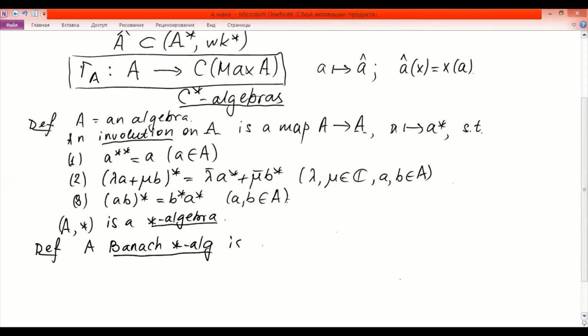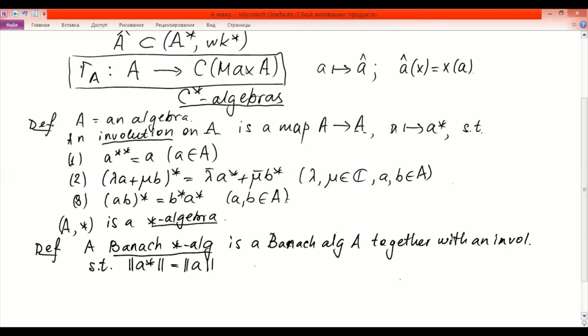Well, first of all, it's a Banach algebra A, together with an involution on A, such that the involution is isometric. That is, the norm of a star equals the norm of a for each element in our algebra.